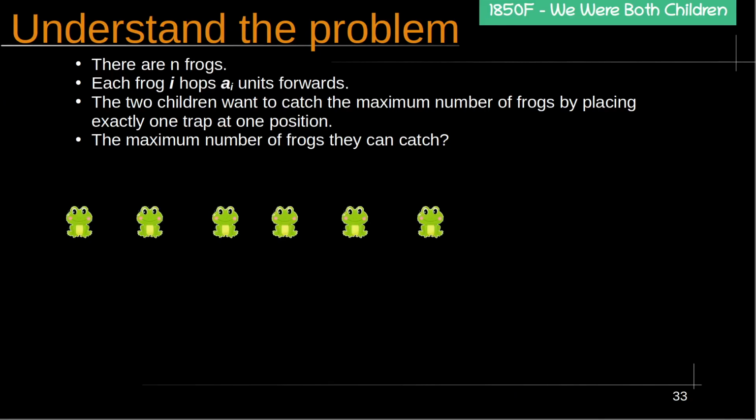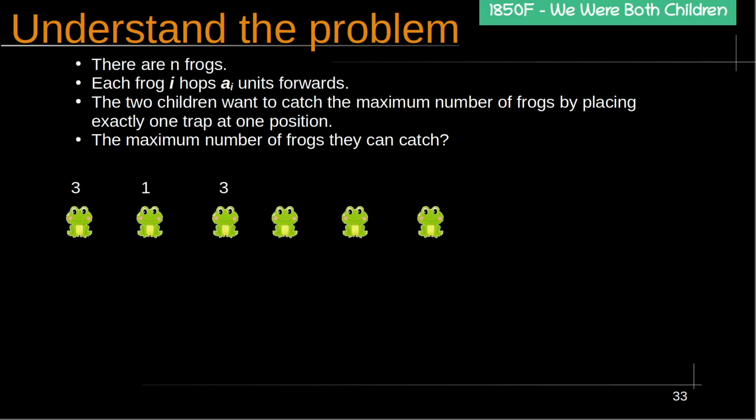We have n frogs. Let's simulate this problem and understand it. Each frog can hop some units forward. For example, here frog 1 can hop 3 units forward. Frog 2 can hop just 1 unit.